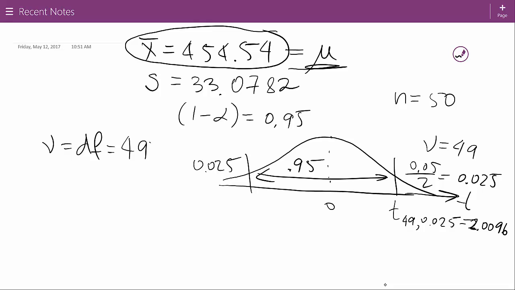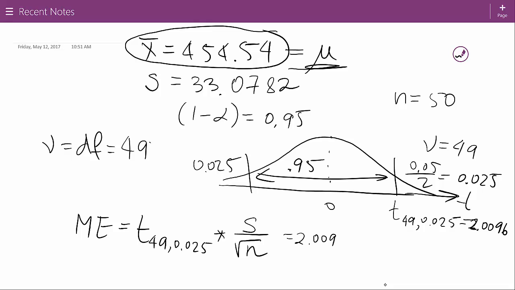So first let's compute the margin of error, okay? Margin of error, ME. That's going to be t with 49 degrees of freedom, 0.025 in the right tail, multiplied by my standard deviation over the square root of n. Right? So t is 2.0096.